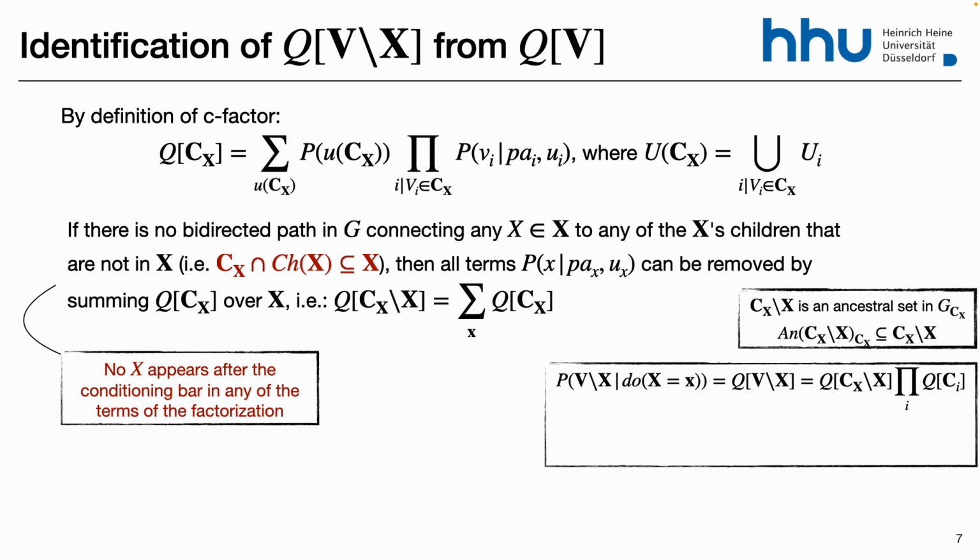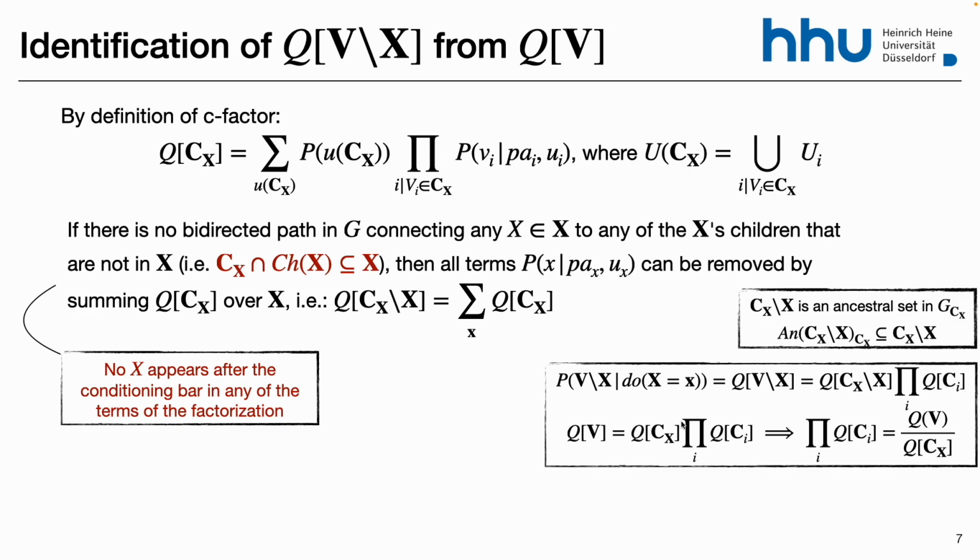From the previous slide, you saw this decomposition, right? So the QV minus x is the Q of Cx minus x plus the product over the QCi's. This was in the previous slide, remember? And the QV was also the product of the QCX times the product of the QCI's.